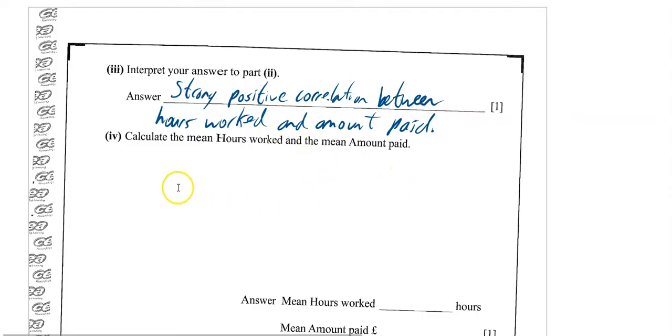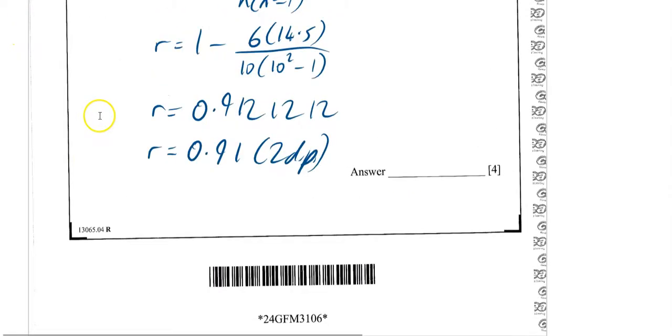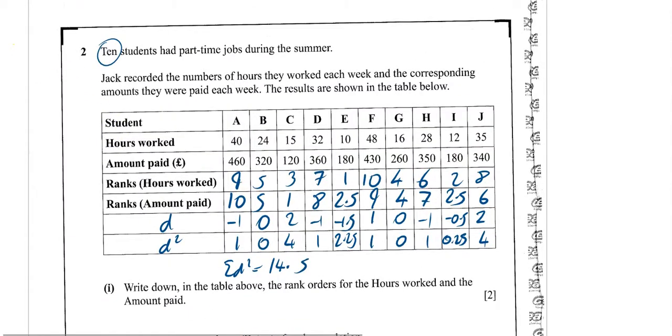Okay, calculate the mean hours worked and the mean amount paid. So we're going to have to go back to our table and look at this again. So what I would do here is I'd just do my sigma equals and sigma equals. So I'm just working these out. So 40 plus 24 plus 15 plus 32 plus 10 plus 48 plus 16 plus 28 plus 12 plus 35. So I've worked out those totals.